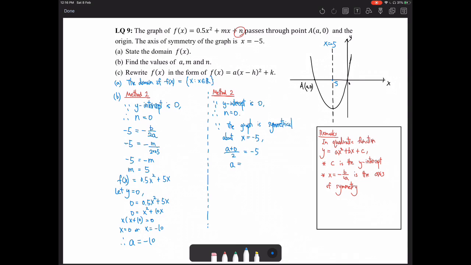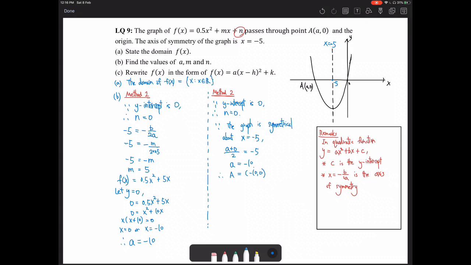Therefore, a equals -10. So that means the coordinates of point A are -10, 0. Now we have got a, the last value is m, right?